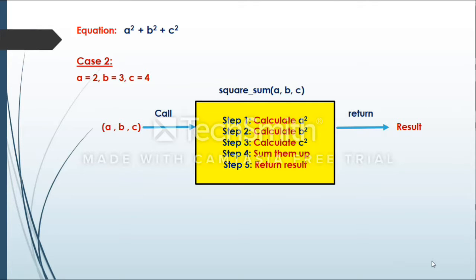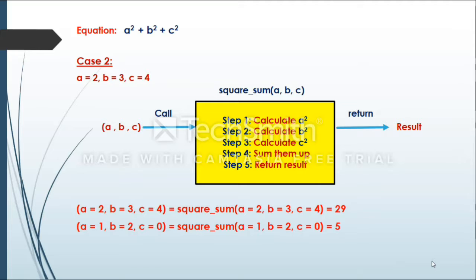If you pass a equal to 2, b equal to 3 and c equal to 4 and call the function square sum, it will calculate the value of the given equation and here the calculated result is 29.